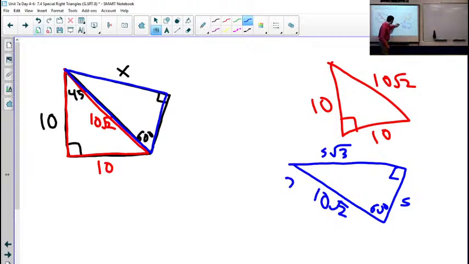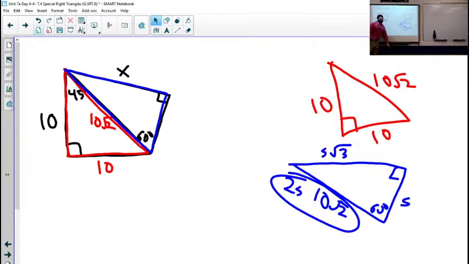And then this is 2S. And then we can solve it from there. So when you have those two triangles together, separate them out and then find that side that connects it. That's what's going to help you with that problem.